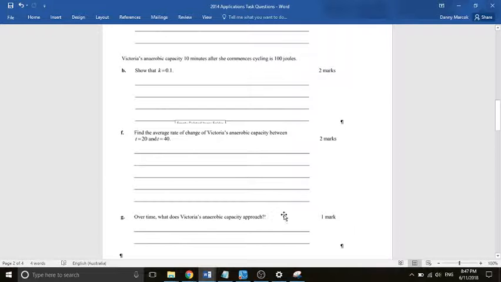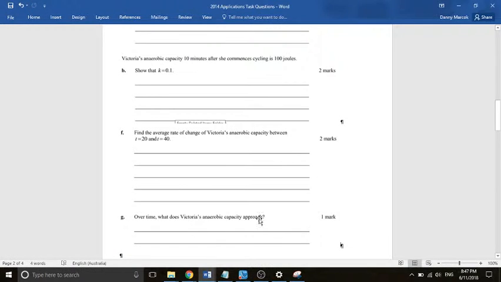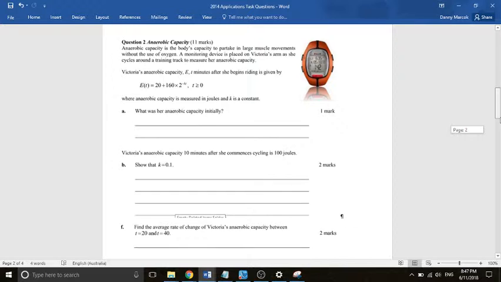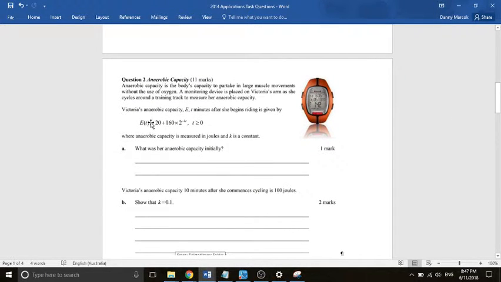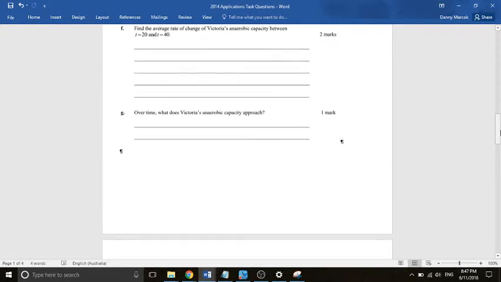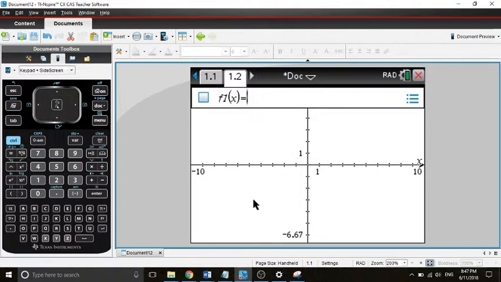Over time, what does her anaerobic capacity approach? So as time goes on, what does it approach? That would end up approaching 20, because that's what our asymptote is. So this is our anaerobic capacity. If we graphed it, I know we've got to write that as a function of x now.